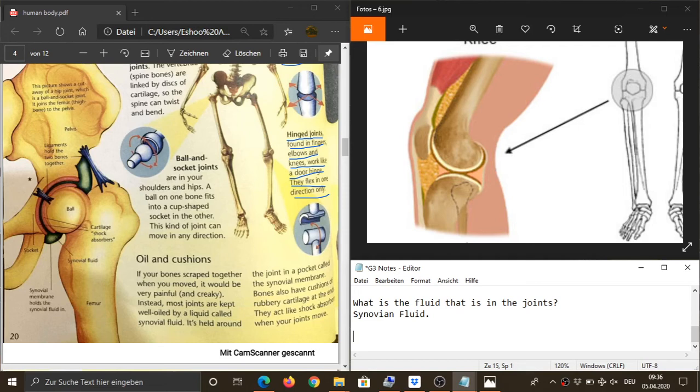They can't move their joints as easily as we do, and they can't run as fast as we do. But we, as young people, have much of this synovial fluid, so we can move our joints easily.